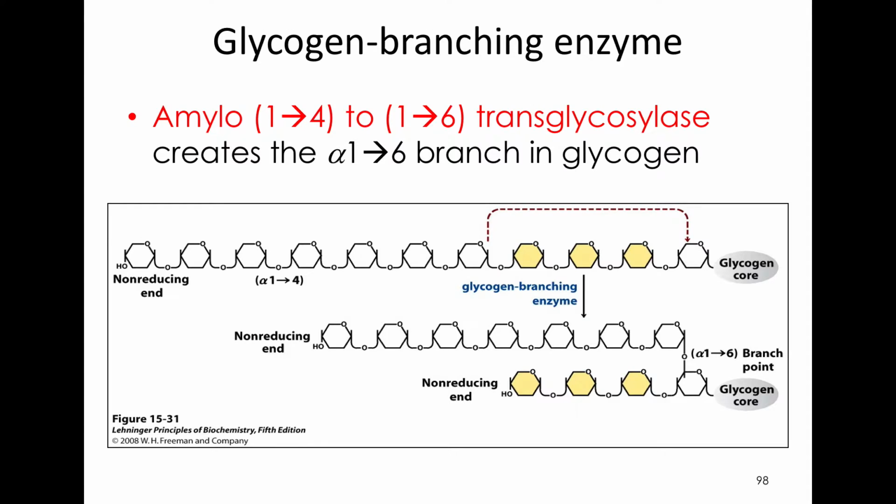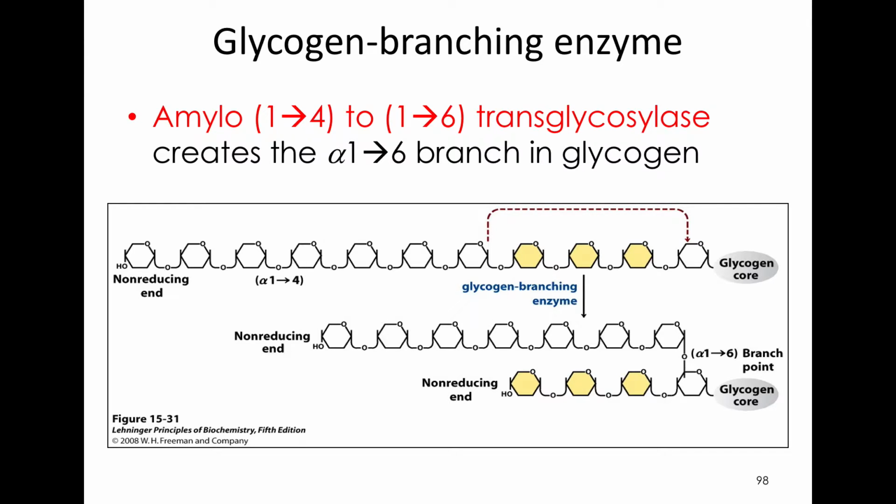Glycogen branching enzyme. As glycogen synthase continues to produce the alpha 1,4 chain of glycogen, the linear chain is going to get longer, and at some point the alpha 1,6 branches have to be created from somewhere. So this glycogen branching enzyme kicks in.